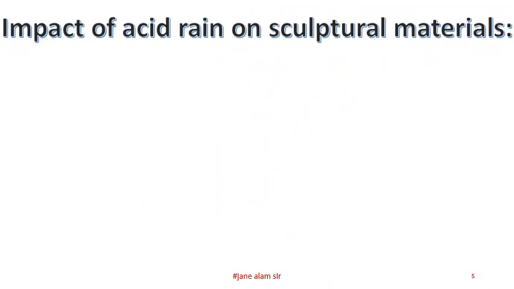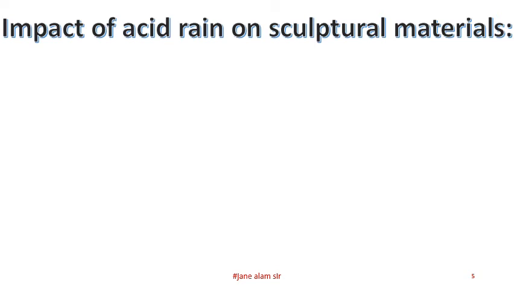Now, effect of acid rain on sculptural material. Acid rain causes extensive damage to buildings, sculptures, and historical materials, which are made of marble, limestone, slate, mortar, etc. The masonry of these materials starts crumbling.